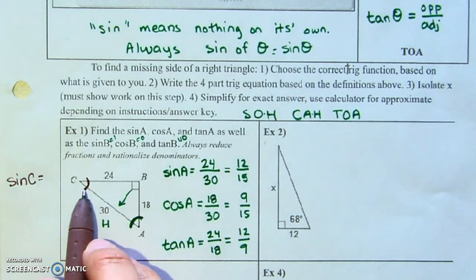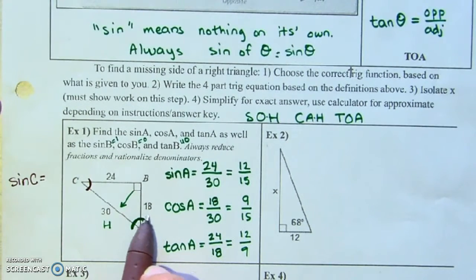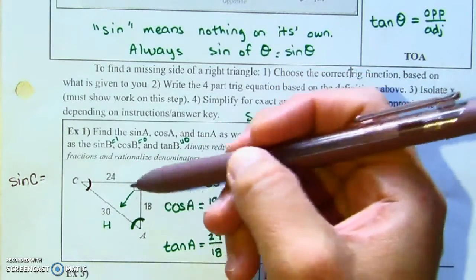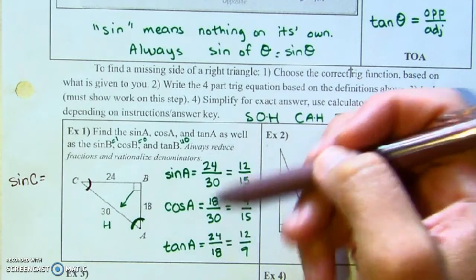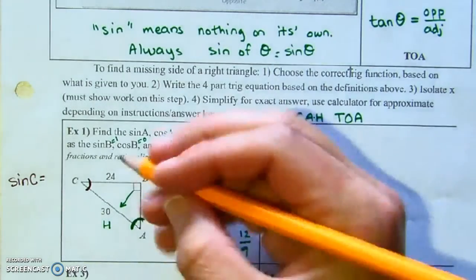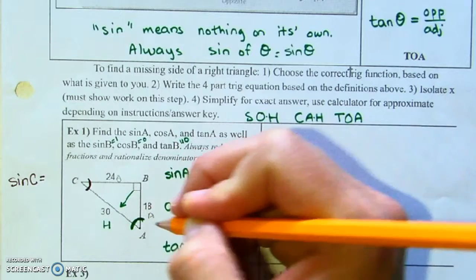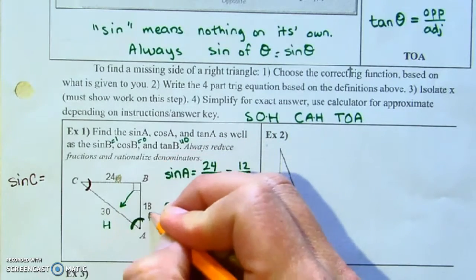So from this perspective, 18 is now the opposite side and 24 is the adjacent. You notice how I didn't label it when we were doing this one because I knew they were going to change. So if you did label this as the opposite of A and this as the adjacent to angle A, just cross those out, okay?